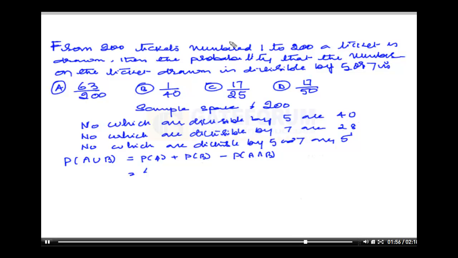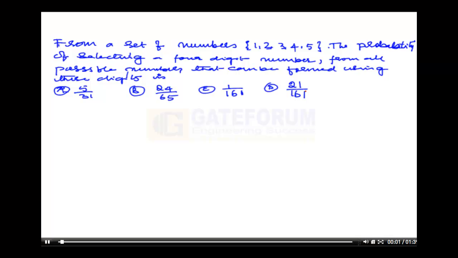Therefore, PA is 40 by 200, PB is 28 by 200, minus 5 by 200. Hence, it is equivalent to 63 by 200. Hence, the required answer is A.